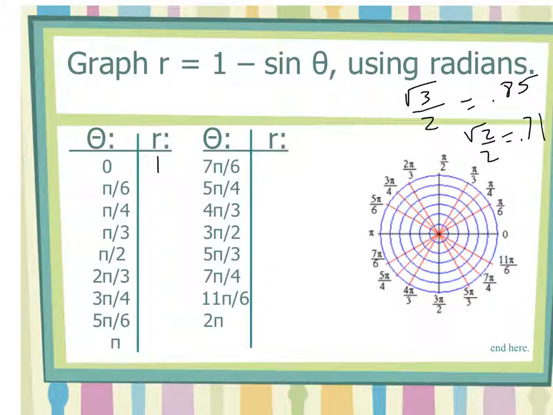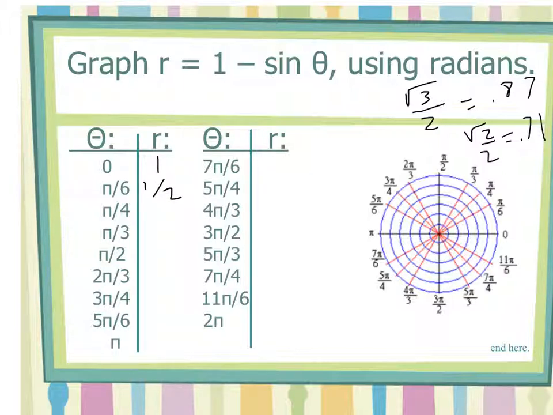Use some decimal approximations for those. They can be a little bit tricky. I gotta double check here on a calculator. Square root 3 over 2. It's 0.8 something. I gotta verify if we're gonna go to 2 decimal places. Square root 3 over 2 is 0.87. Yeah, that didn't feel quite right. Okay, so for example, in this very next one, when I do sine of pi over 6, that's a half. 1 minus a half is a half.